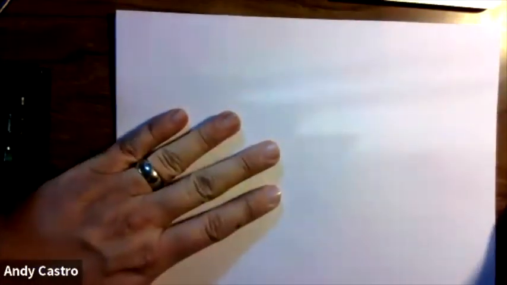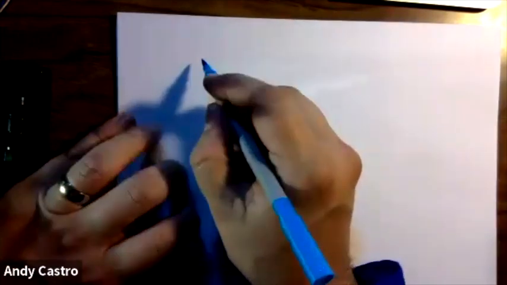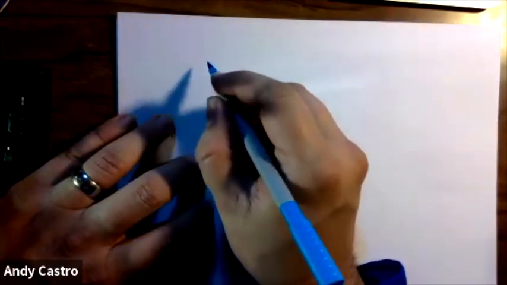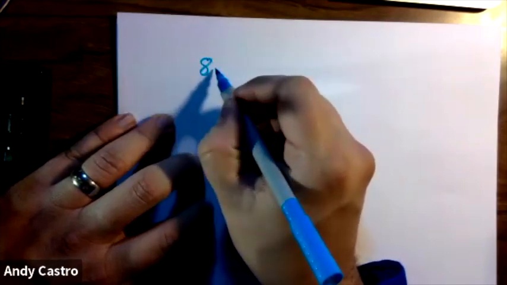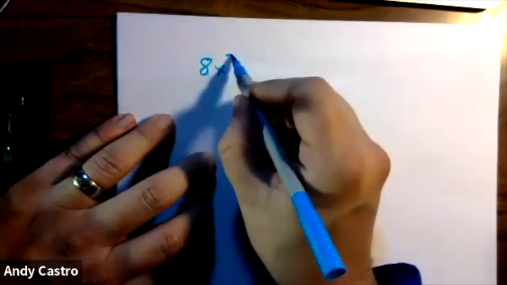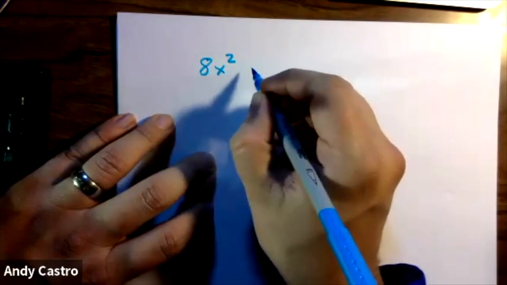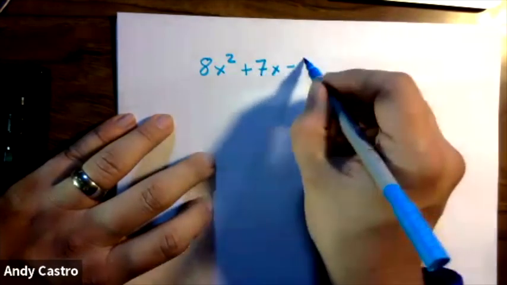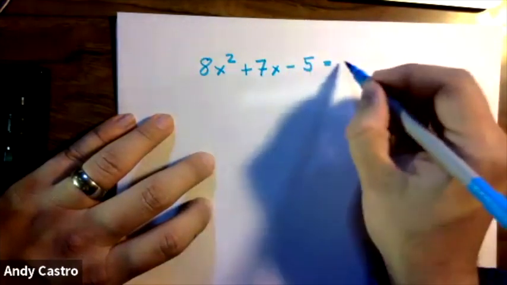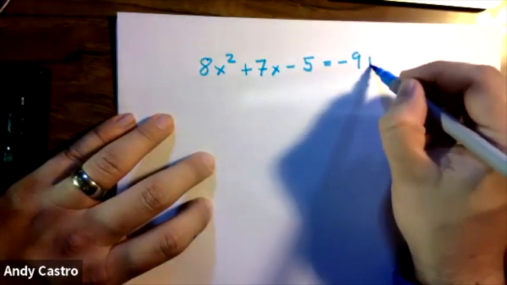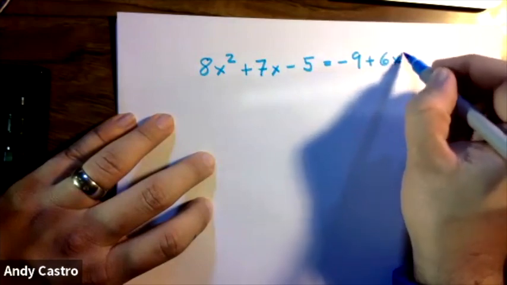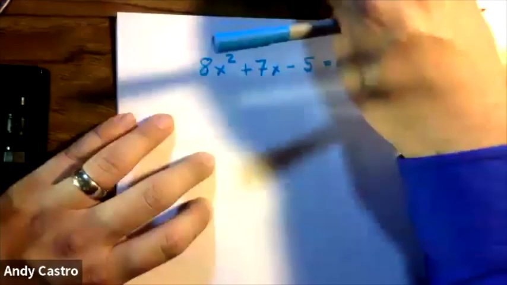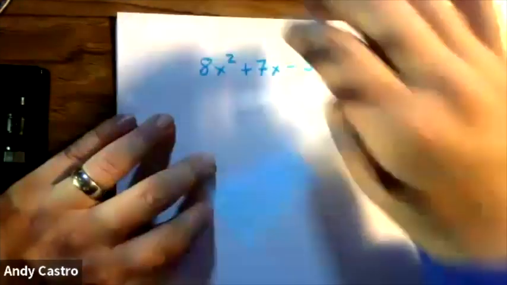This will be a fun one. So if we have 8x squared plus 7x minus 5 is equal to negative 9 plus 6x squared minus 12x. We're going to solve this by completing the square.